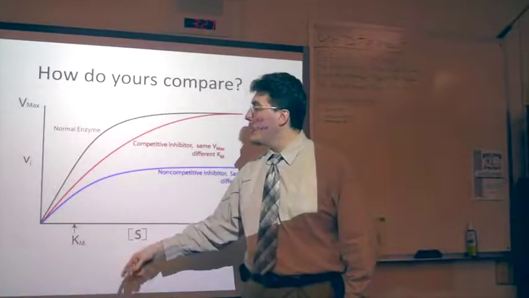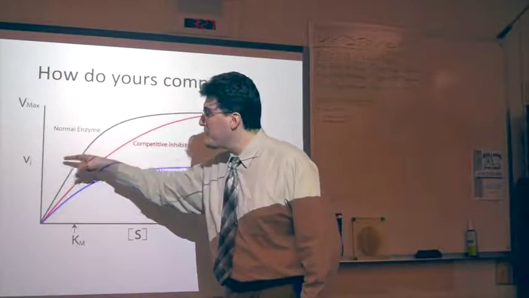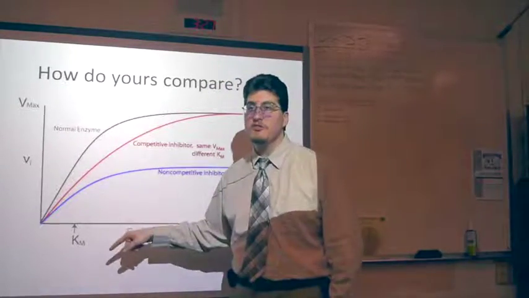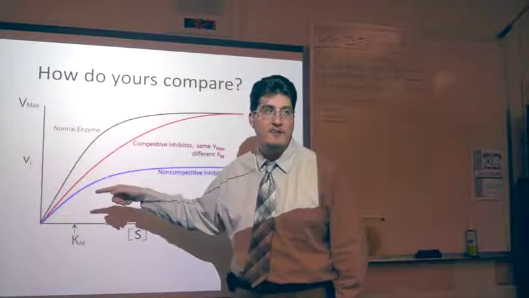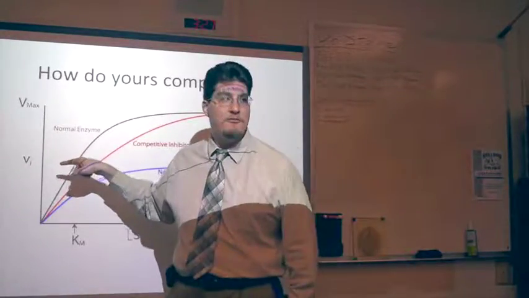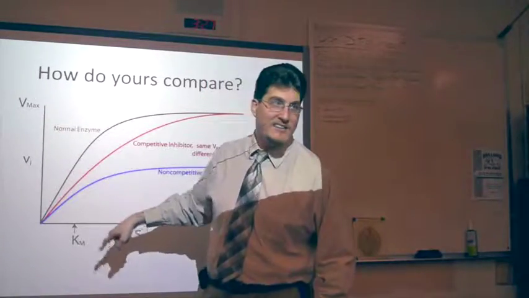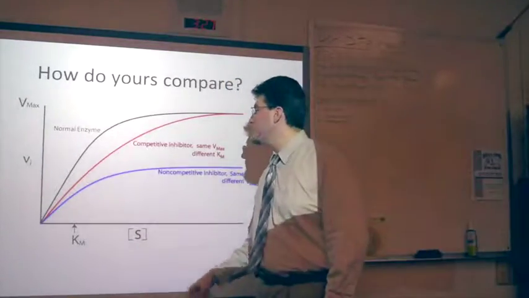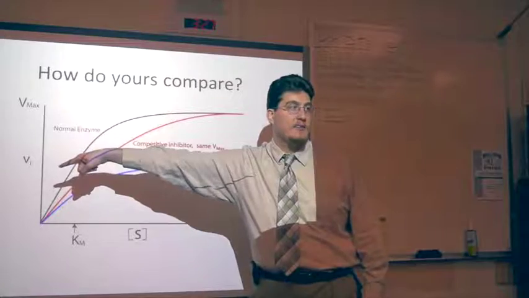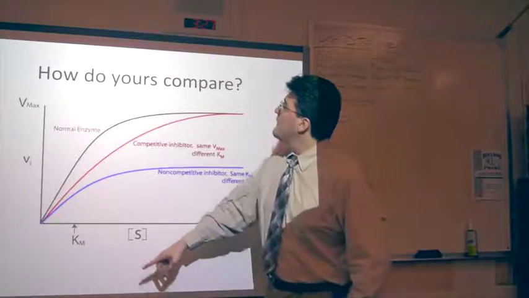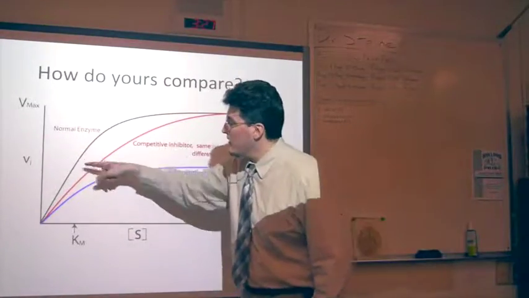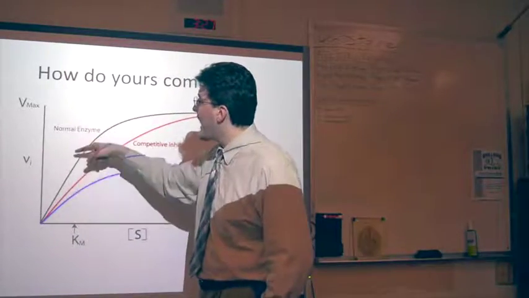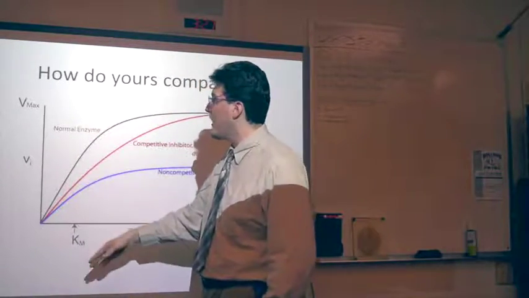But Km, the substrate concentration at 1/2 Vmax, where y equals 1/2 Vmax, x equals Km, is higher than the Km of the black normal enzyme.